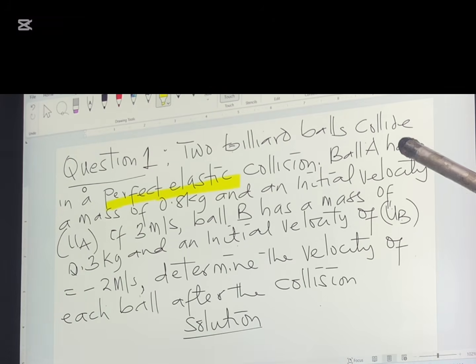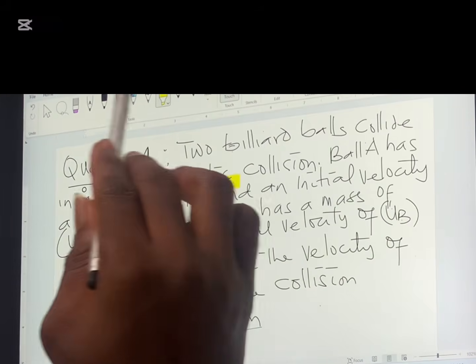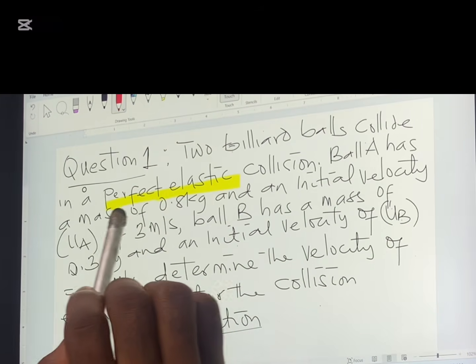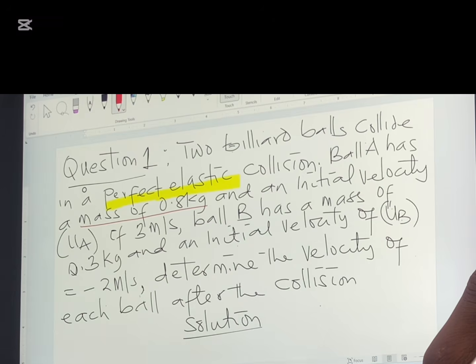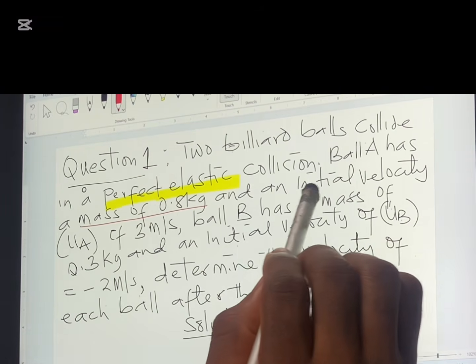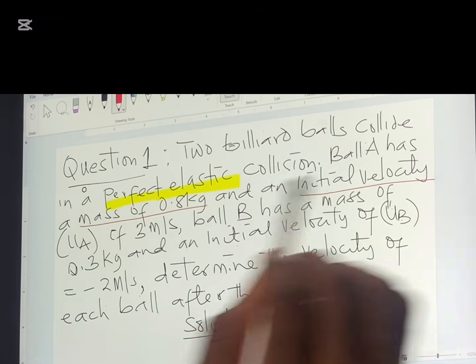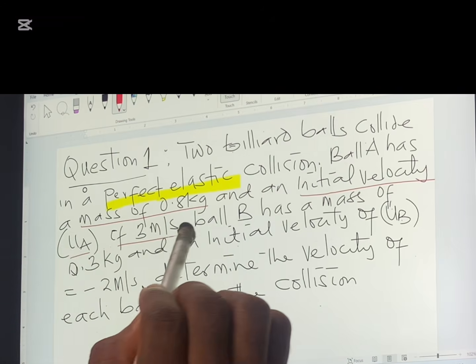Now, for ball A, we have a mass of 0.8 kg, and the initial velocity attached to ball A is 3 meters per second. Please take notes.